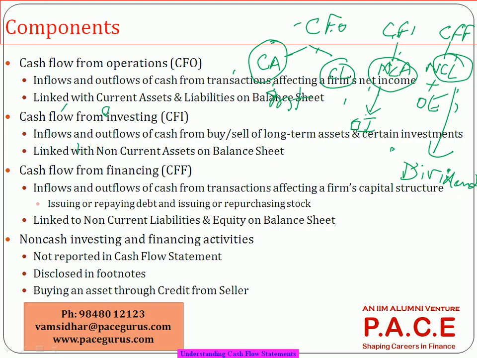The other day we saw that interest payment comes as part of cash flow from operations itself. Only the dividend payment goes as part of cash flow from financing. So these are the three things. The whole P&L and whole balance sheet are taken into consideration to prepare your cash flow statement.